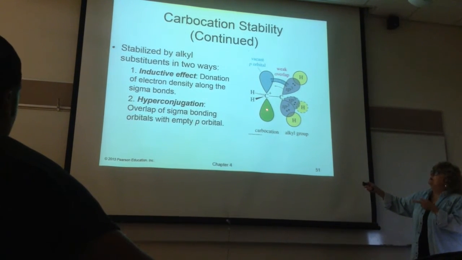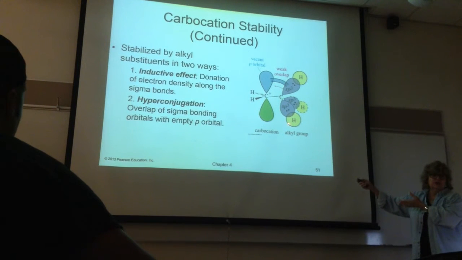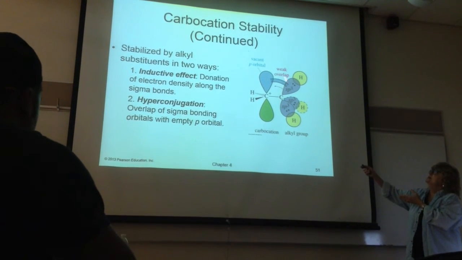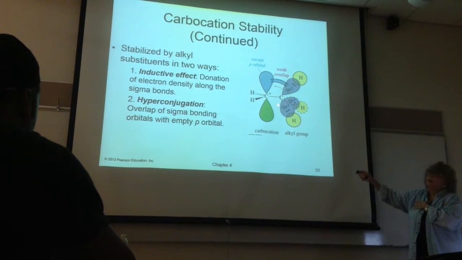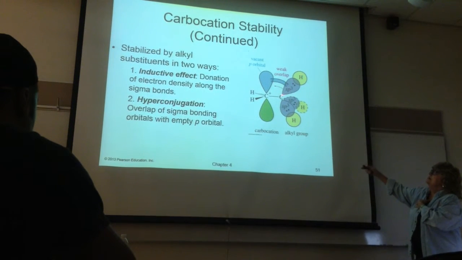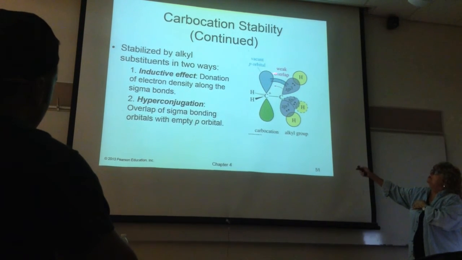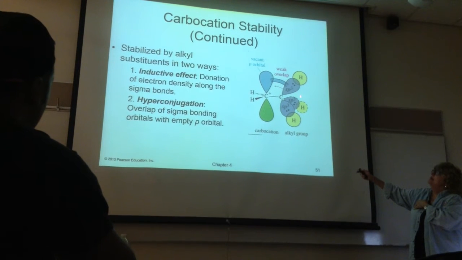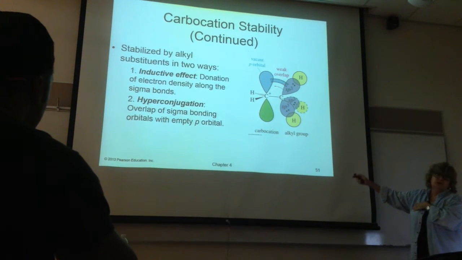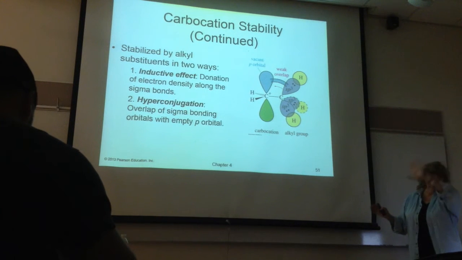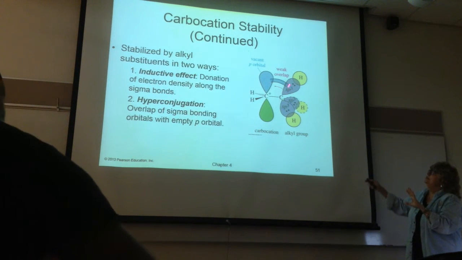That neighboring carbon is sp3, right? And there's that sigma bond between that sp3 carbon and the hydrogen, and they're talking about this weak overlap. This is what is called hyperconjugation. I'm one carbon away, and there's this weak overlap between these electrons that are here. I don't have any.